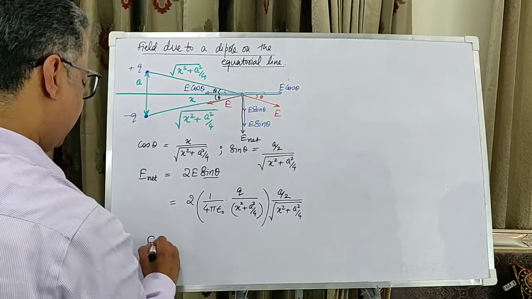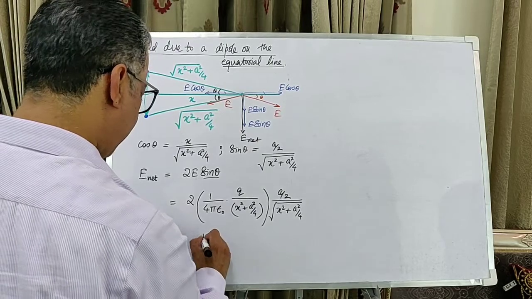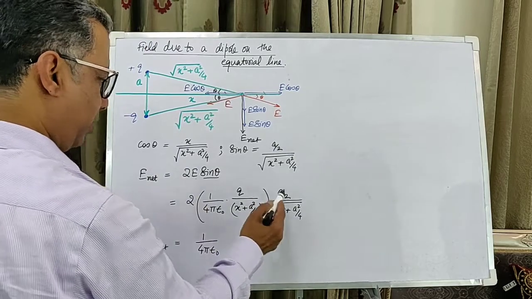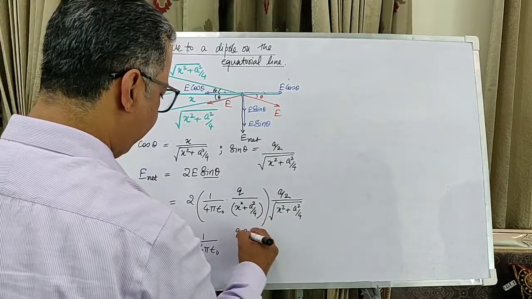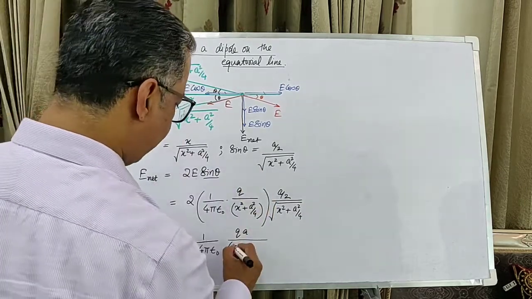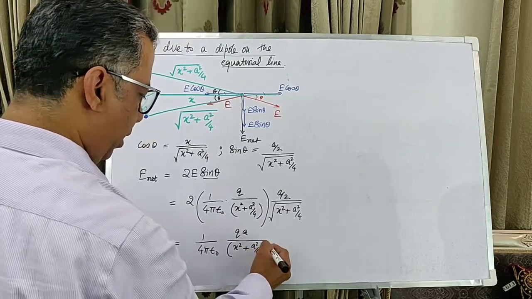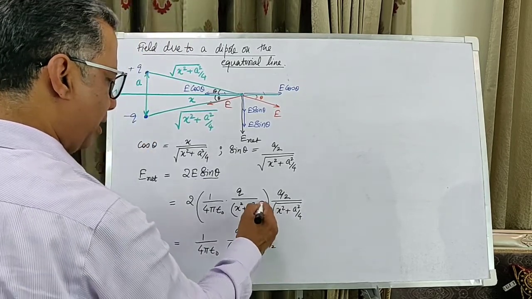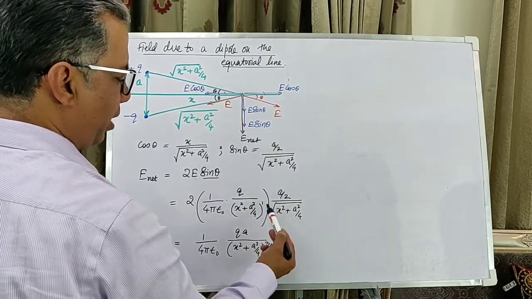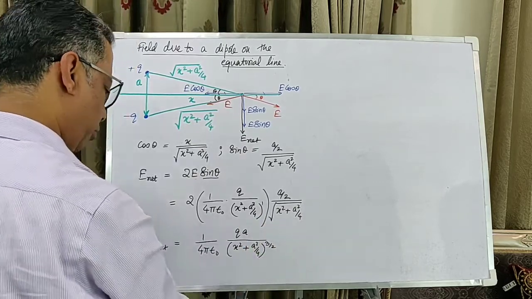So this net electric field comes out to be 1 by 4 pi epsilon naught. This 2 and this 2 will cancel out. We have qa, that's your p, divided by x square plus a square by 4 raised to the power 3 by 2. See, this power here is 1 and the power here is half, and when you multiply two quantities, their powers are added, 1 and half when added give you 3 by 2.